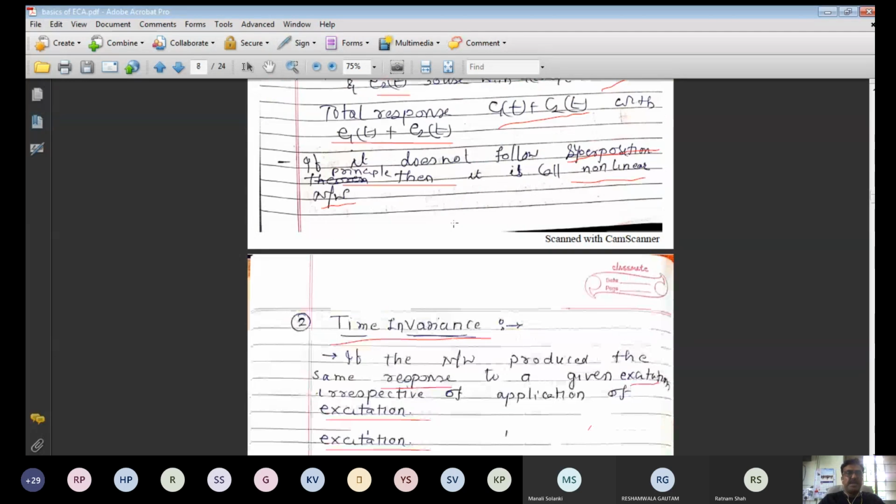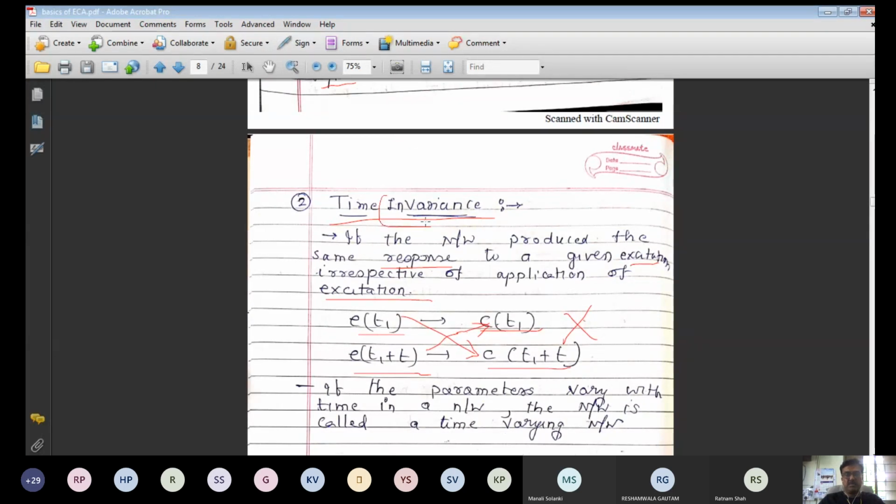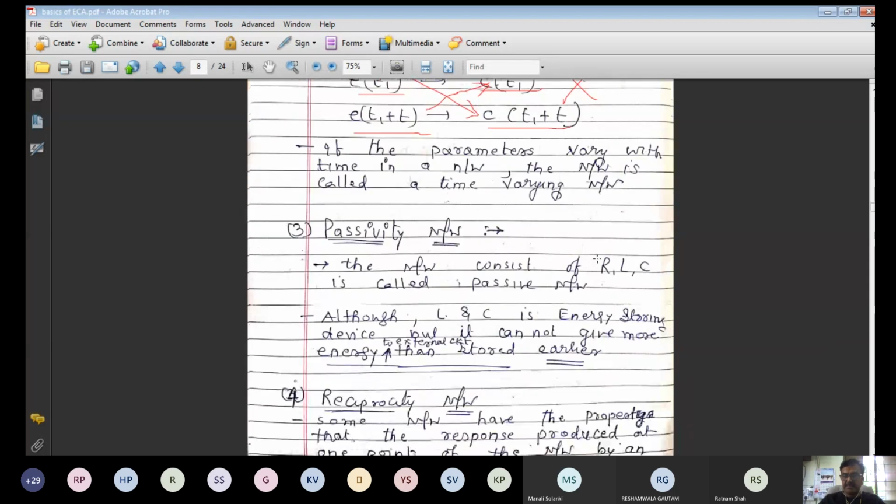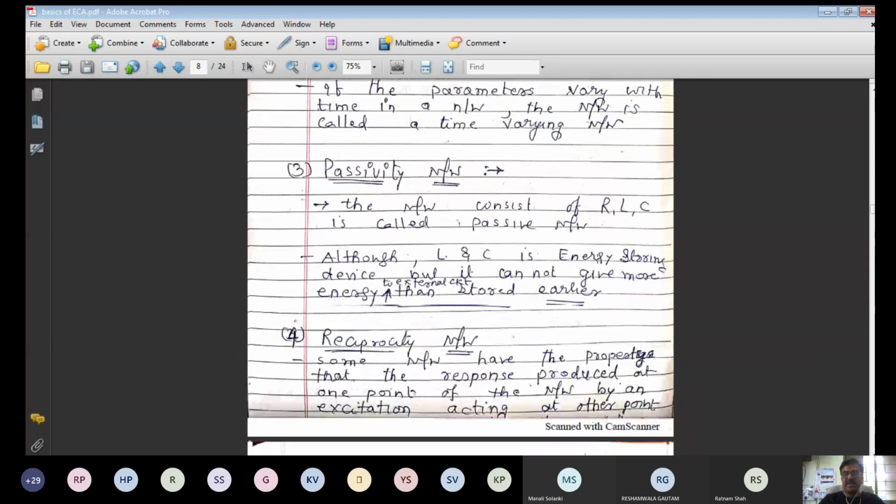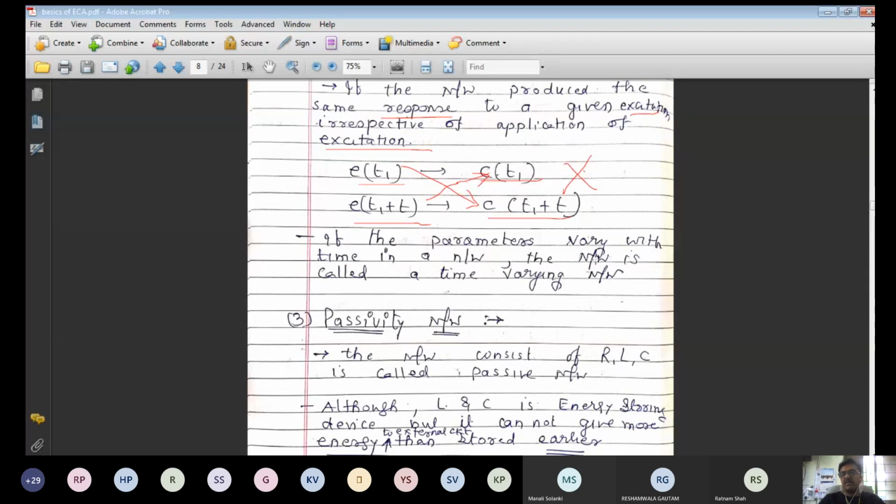So this is known as a time invariant network. And if the network is varying, it is known as a time varying network. So we end with this discussion.